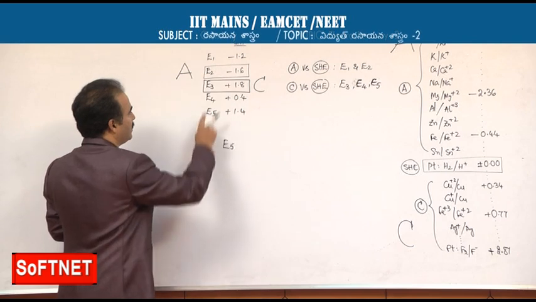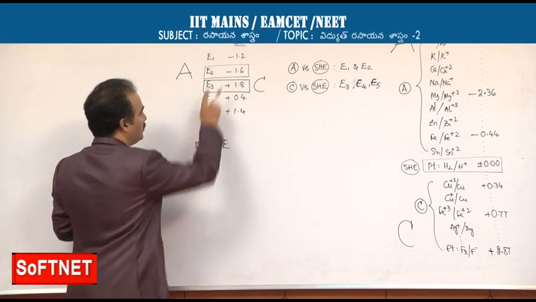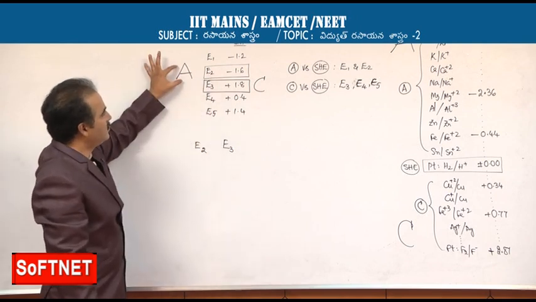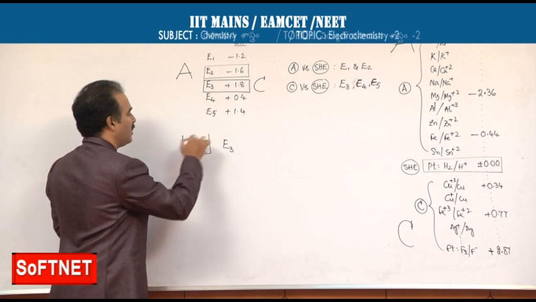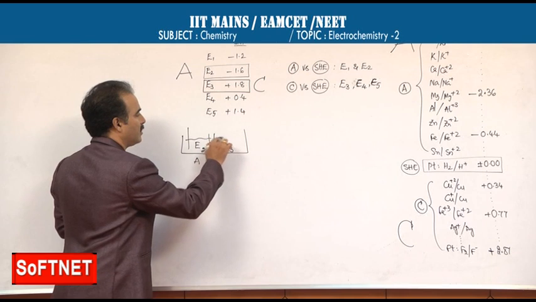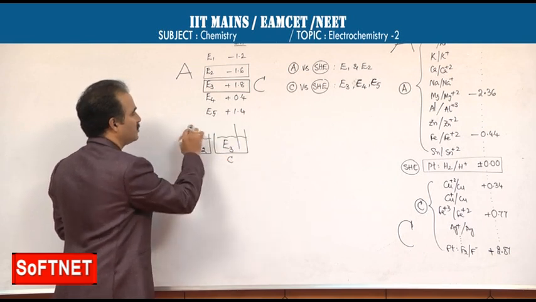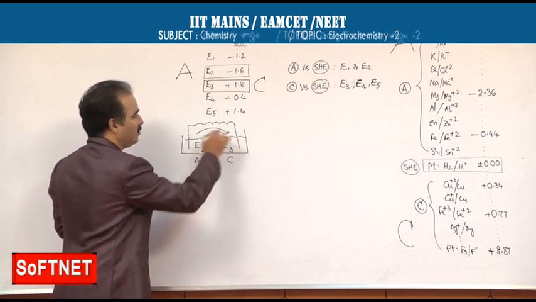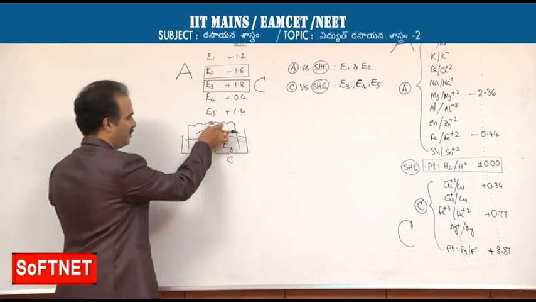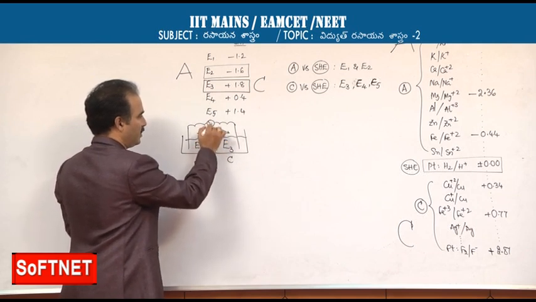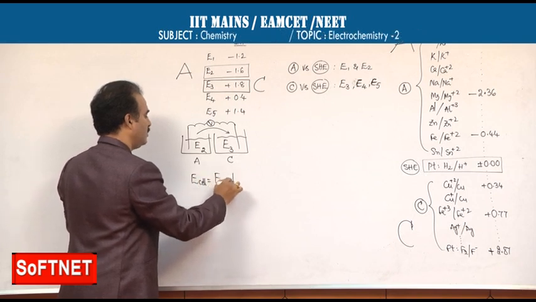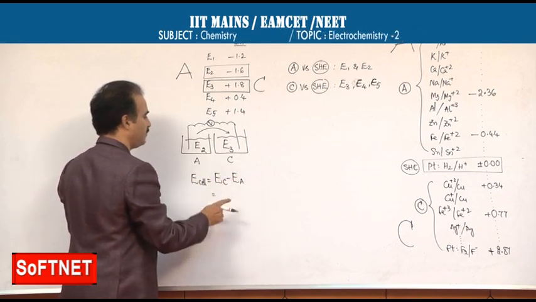Now suppose if you select E1, E2 and E3, then what is their ability to act as? E2 has greater ability to act as anode and E3 has the greater ability to act as cathode. So such two electrodes, when you connect, then there will be a greater EMF produced between the two half cells. The EMF of the cell is equal to E of cathode minus E of anode.